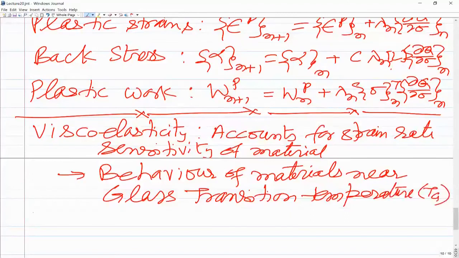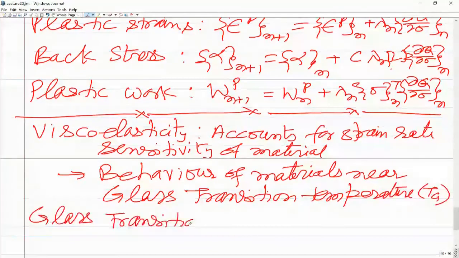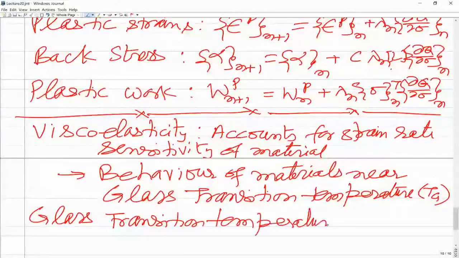And what is so specific about the glass transition temperature? I have denoted it by Tg. Near the glass transition temperature, if there is a small change in the temperature, there is a significant change in the viscosity of material.